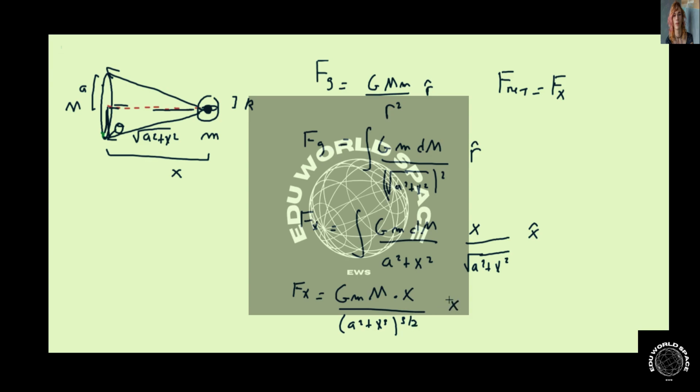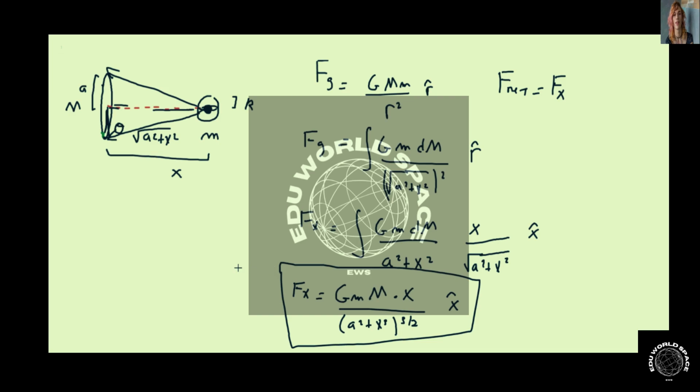And this is all in the x hat direction. So this will be the force that the ring exerts on the sphere. And so this would be in the negative direction, so there'd be a negative sign here. But if we want the sphere acting on the ring, then that'll be in the positive direction. And so we can just leave off the negative sign. And so this then will just be our answer.